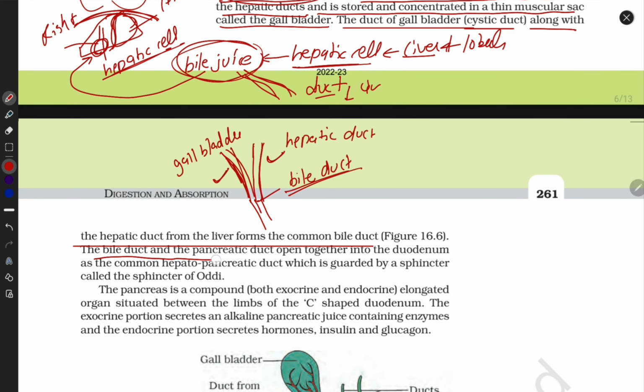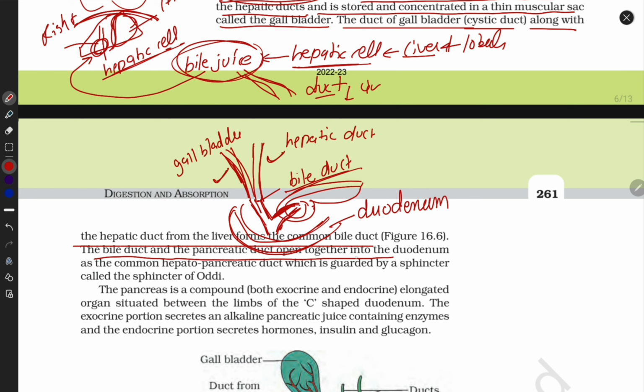Now the bile duct and the pancreatic duct open together into the duodenum. Here the pancreas is present and it also has a duct. So the bile duct and the pancreatic duct open into a C-shaped structure, which we call the duodenum, the first part of the small intestine.